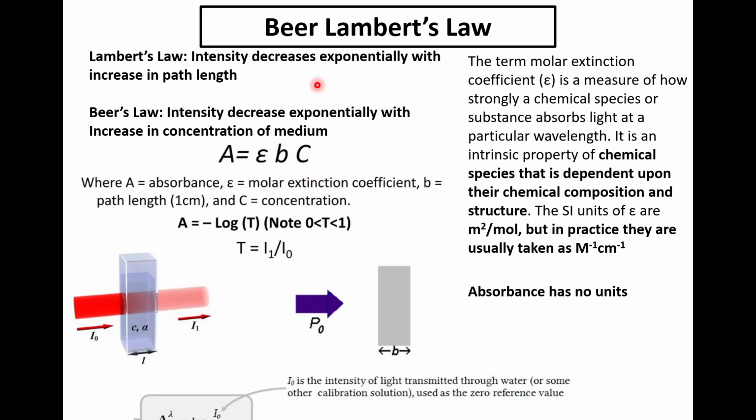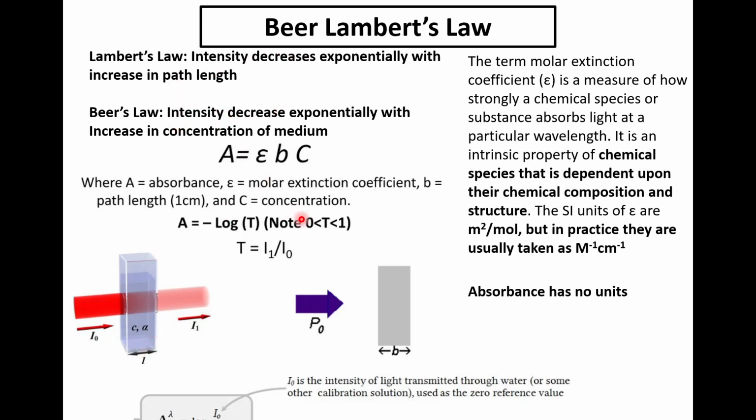Now, when you combine these two laws, you will find that the absorbance by the molecule present in your cuvette is directly proportional to your path length and directly proportional to the concentration of the matter present inside your cuvette.